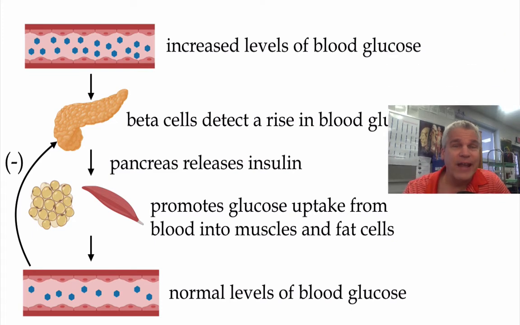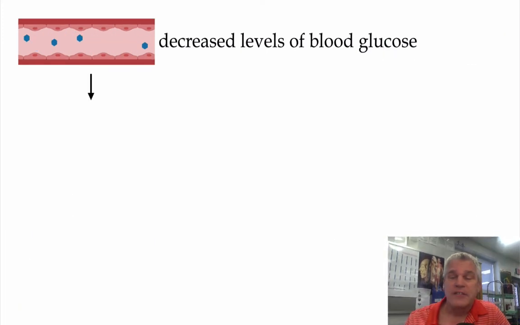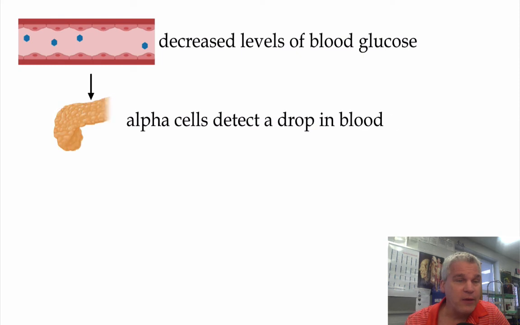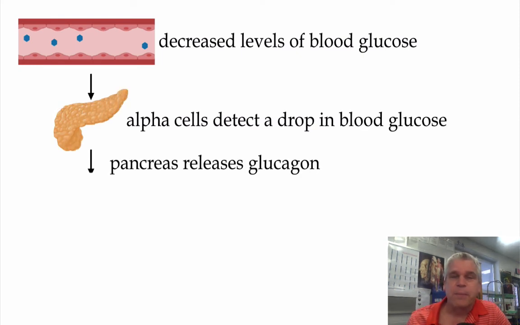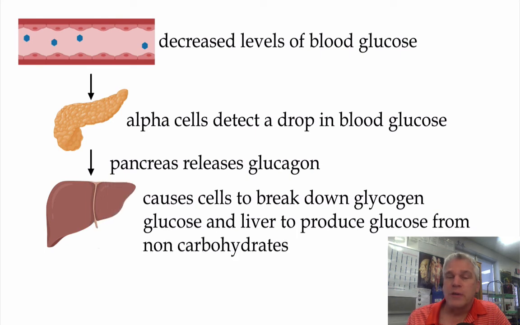So let's say we have not enough glucose in the blood. This is also going to be detected by the pancreas, and specifically this is going to be the alpha cells in the pancreas. So in this case, the pancreas is going to release glucagon. Glucagon goes to the liver that causes the breakdown of glycogen, which is stored glucose, and releases that into the bloodstream.